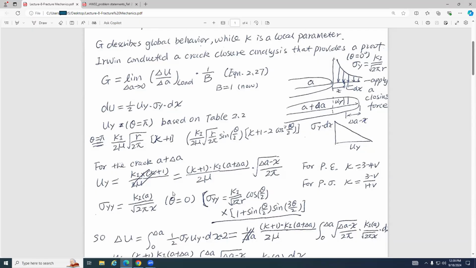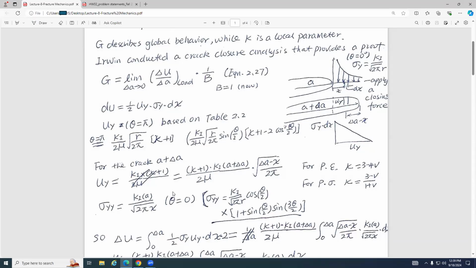So I just treat this one as my new crack. And here, theta equals pi. How much is it? So you can just use Table 2.2, and theta equals pi, we can use this equation to calculate.